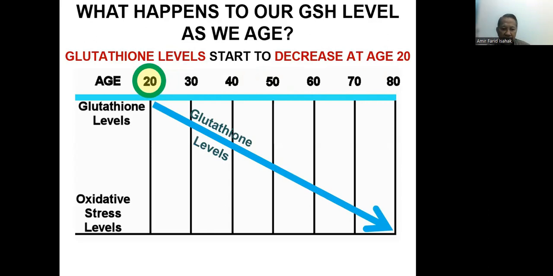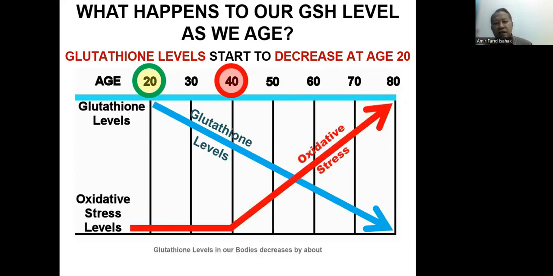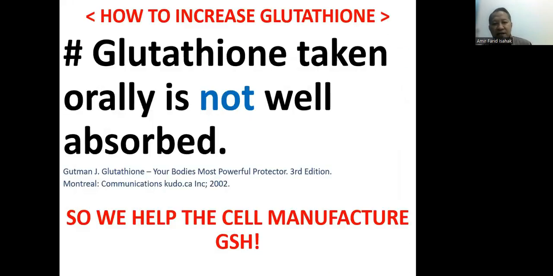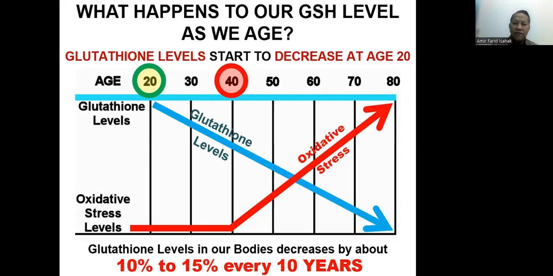Unfortunately, even though it's very important and is produced by our body as part of our programmed degeneration and aging, glutathione production declines at about 10 to 15% every decade, such that when you're 40, you're 20 to 30% down. When you're 60, then you're 40 to 60% down.